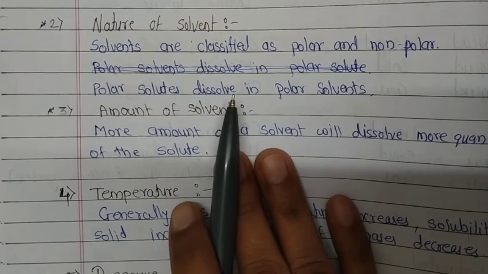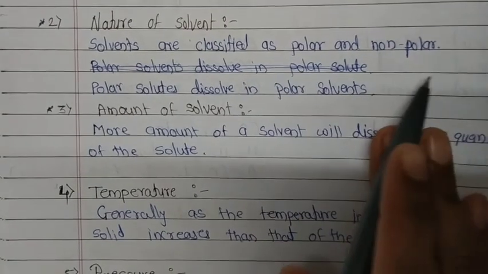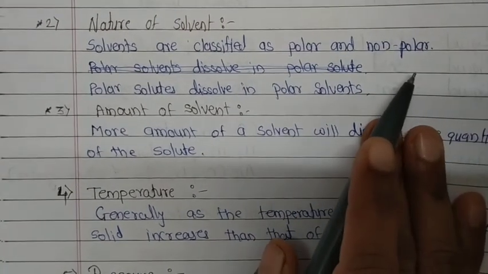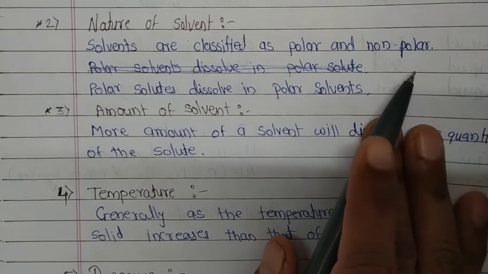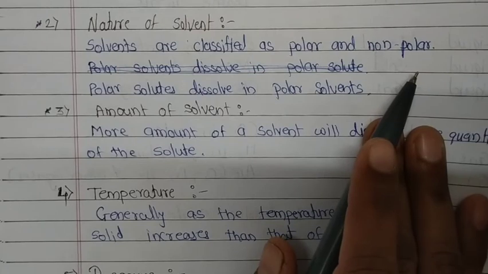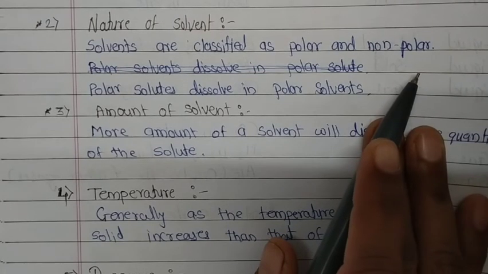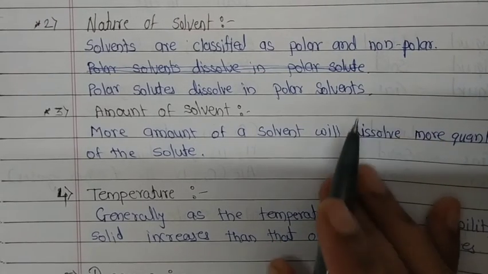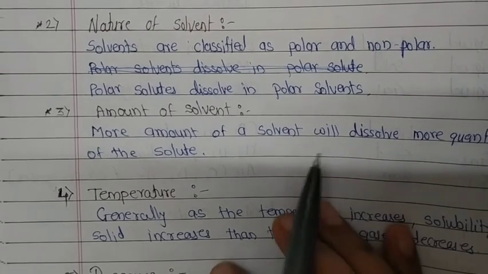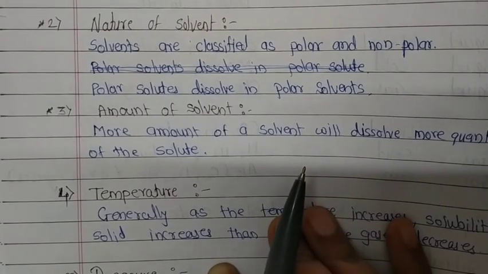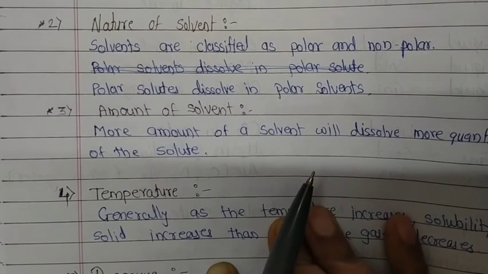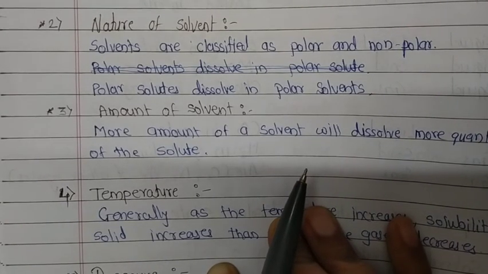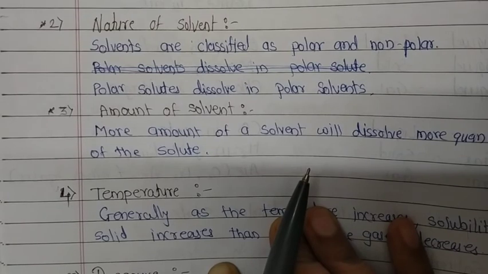Solvents are classified into polar and non-polar. Polar solute dissolves in polar solvent. For example, ionic compounds dissolve in polar solvent like water. Means for example, NaCl dissolves in water. Both are ionic, that is NaCl, Na positive and Cl negative ions, and water having H positive and OH negative ions.